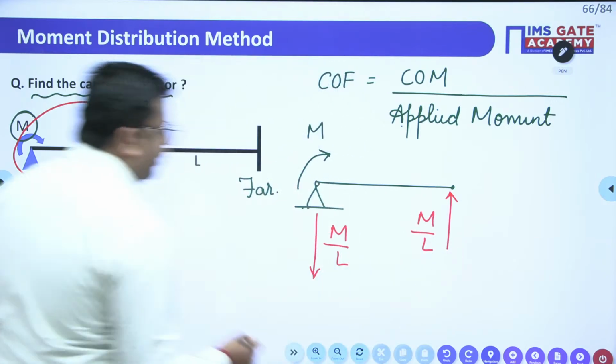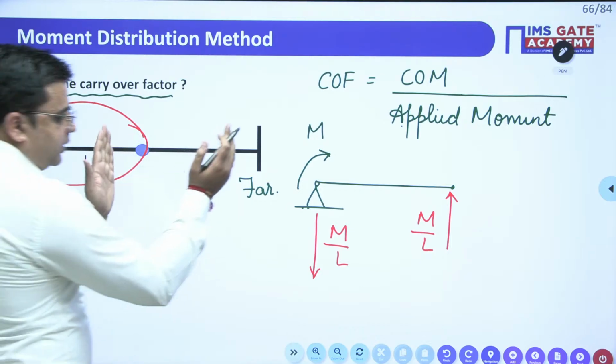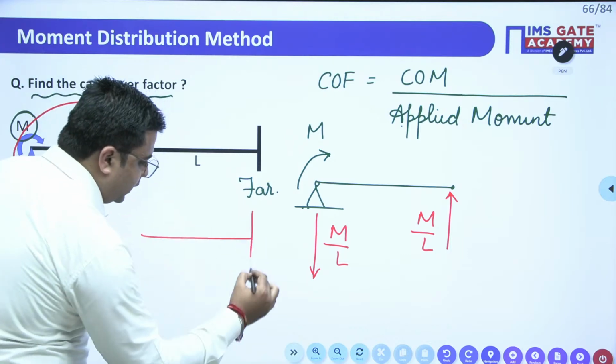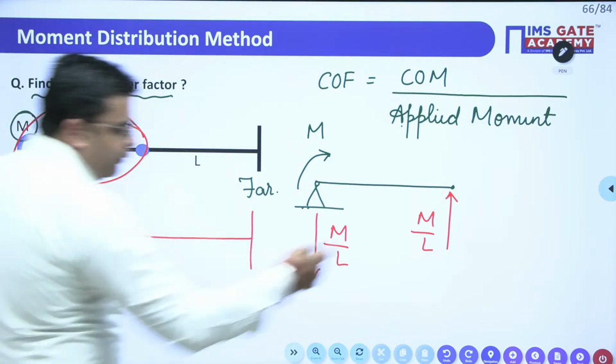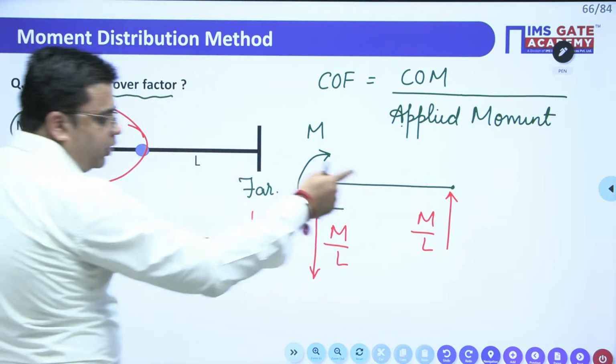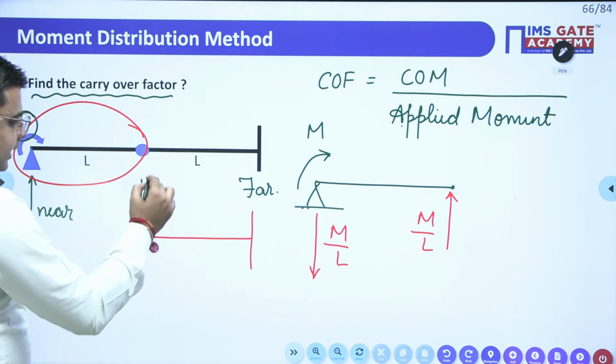So when m by L force is acting over this portion, when you consider the FBD of the other part, if m by L is acting upwards on the left side, in order to keep that balance, we need to apply m by L in the downward direction like this.